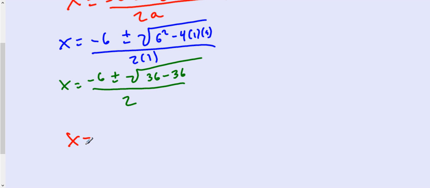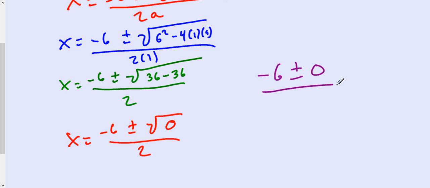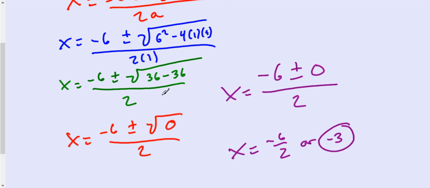That gives us x equals negative 6 plus or minus the square root of 0 all over 2. Well, the square root of 0 is 0. So either way, negative 6 plus 0, negative 6 minus 0, we have negative 6 over 2, or just negative 3. This was a double root.